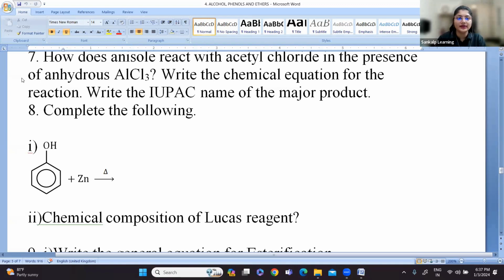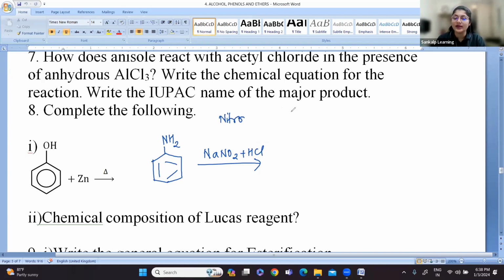So this is our aniline. We are treating it with sodium nitrite plus HCl. What is this called? It is called nitrous acid. So nitrous acid is sodium nitrite plus HCl.